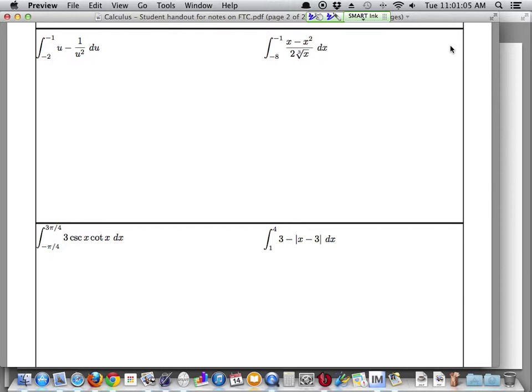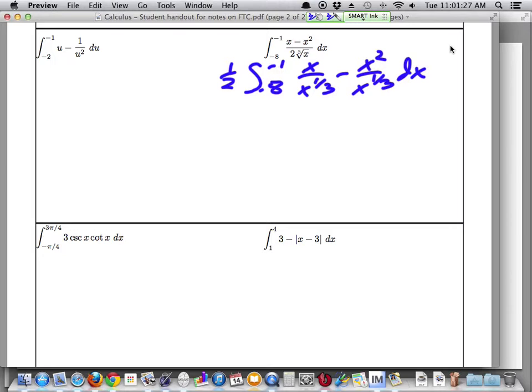I like dividing each thing by it. Okay, what do I want to do with that 2 though, instead of dividing both things by that 2? Move it all the way out, that's what I would do. So I would move that 1/2 all the way out and then separate. So we have x over x to the 1/3 minus x squared over x to the 1/3 dx.